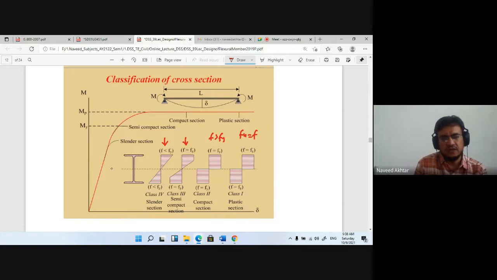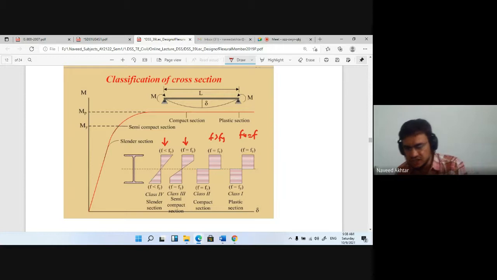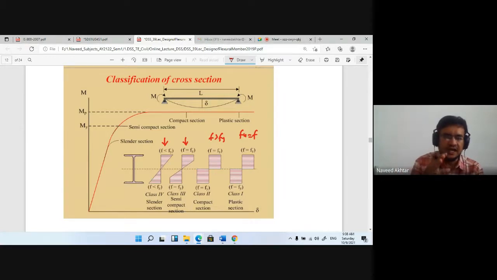So always avoid the design of a slender section. At least your section should be in the semi-compact limit. If the section is slender, then you have to bring the section to the semi-compact limit, and that example we have solved in unit number 1. Okay. If you did not attend that class, the video is available on YouTube. You can view the video and understand.